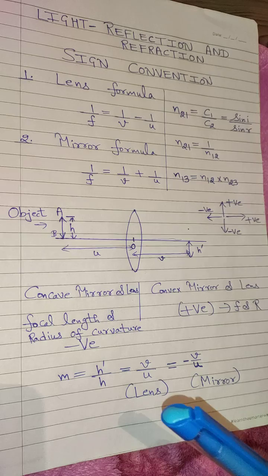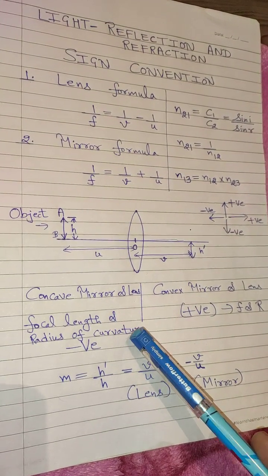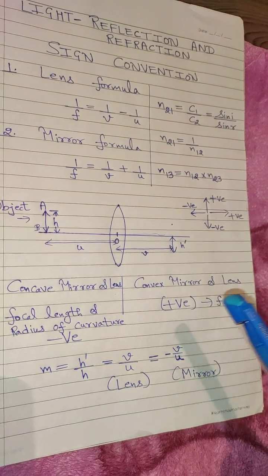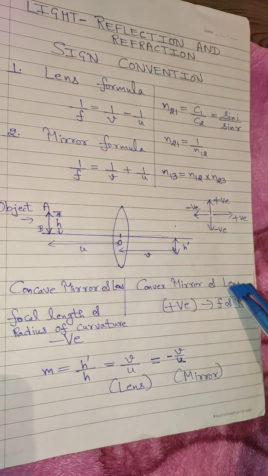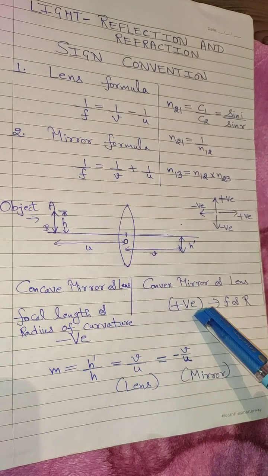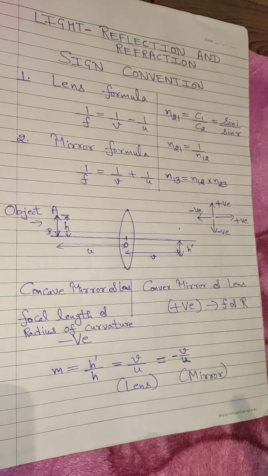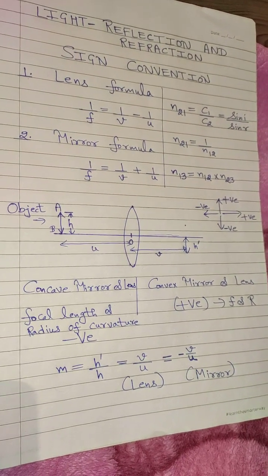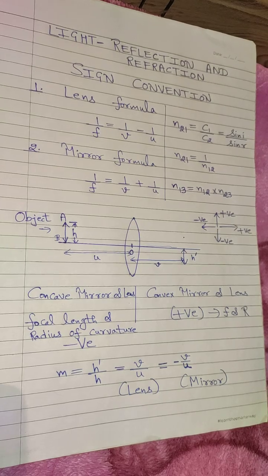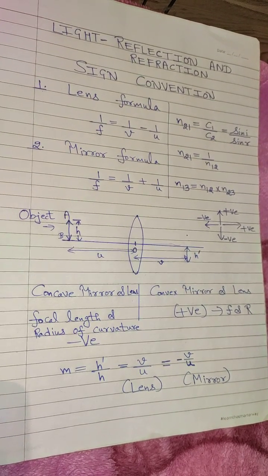So for a concave mirror and lens, the focal length and radius of curvature r are negative, and for a convex mirror and lens, the focal length and radius of curvature are positive.